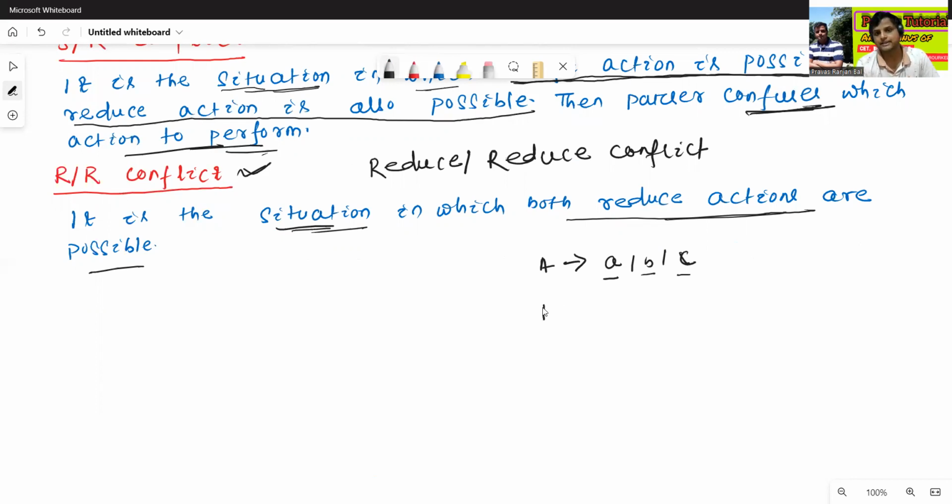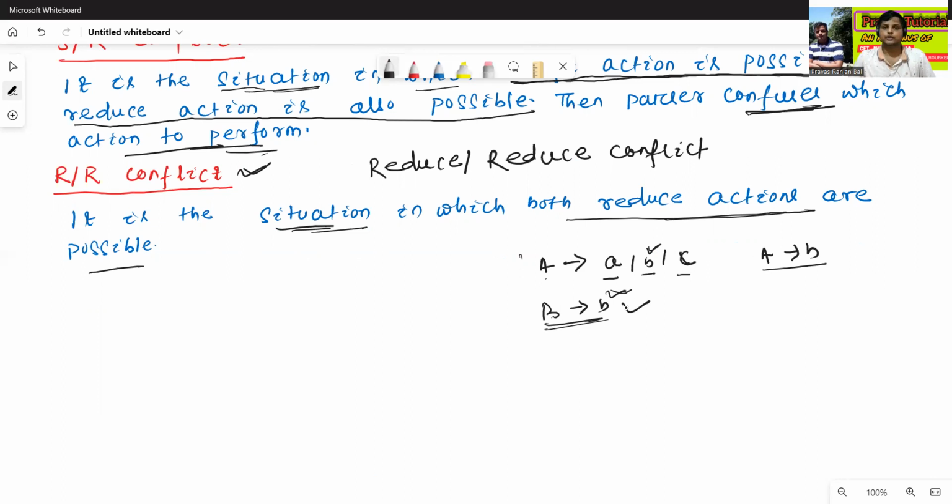And one more production is like B to B. Here A contains B and B also contains B. That means we can handle A to B, or we can handle it by using the production B to B. So in this situation, RR conflict will happen.